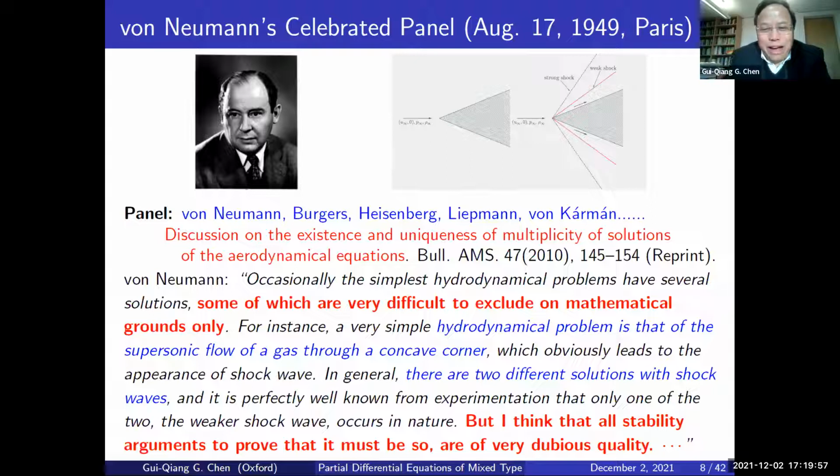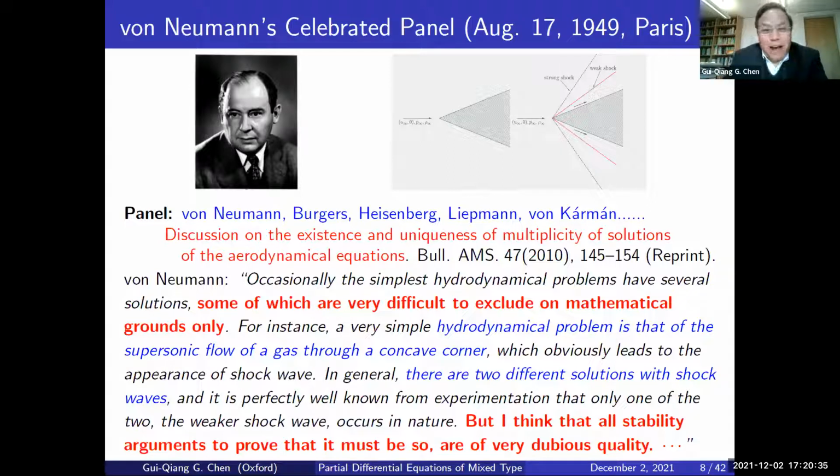On the other hand, he pointed out that all experimental results show that they always observe the weak shock. The question is whether we can prove that mathematically. Actually, I got into this problem 20 years ago. We thought, since 1950 to 2005, more than 50 years, there should be many analytic results related to this question.